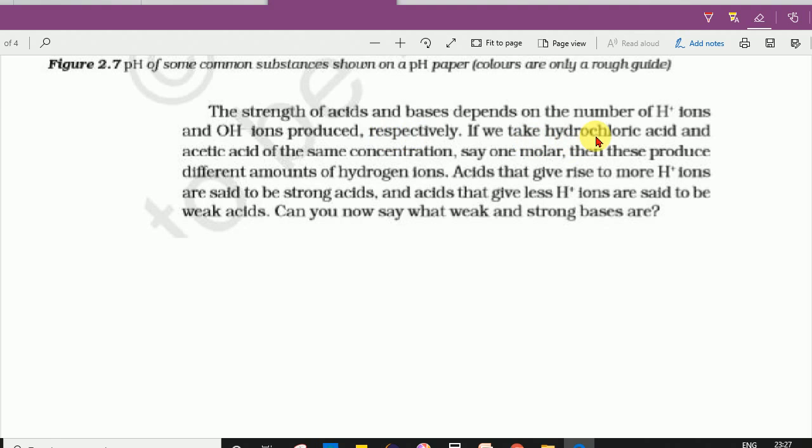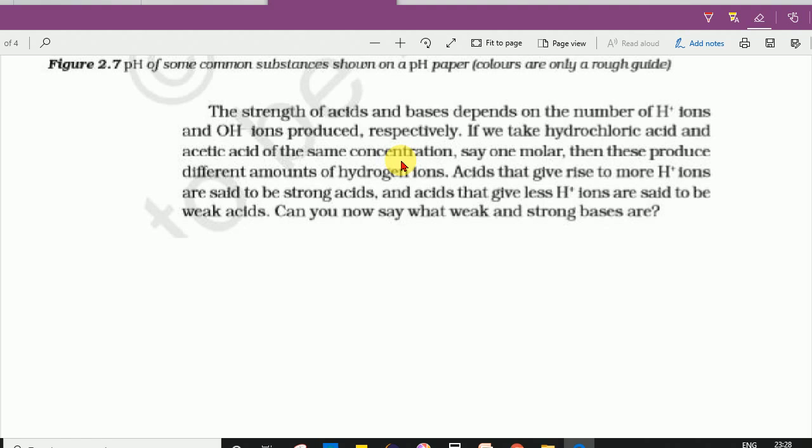If we take hydrochloric acid and acetic acid of the same concentration, I mean if somebody gives you an example that you have 10% concentrated hydrochloric acid and 10% acetic acid solution, which one has more pH, then you will say that 1 mole of these produce different amounts of hydrogen ions, because acetic acid is a weak acid, it will produce fewer hydrogen ions, and hydrochloric acid is a strong acid, so more hydronium ions will be produced, so its pH will be less, while acetic acid will have a pH near about 3 to 4 or 5, depending upon how much concentration we have taken.